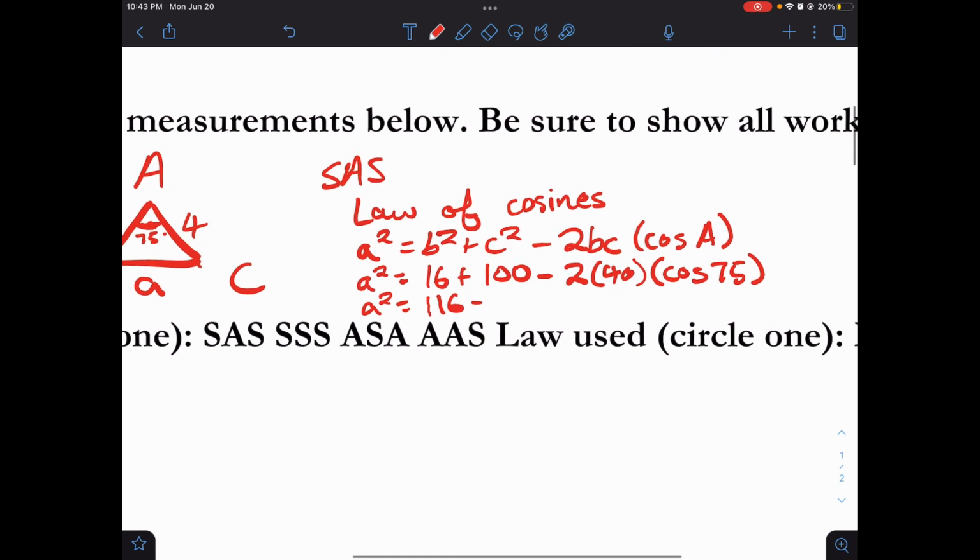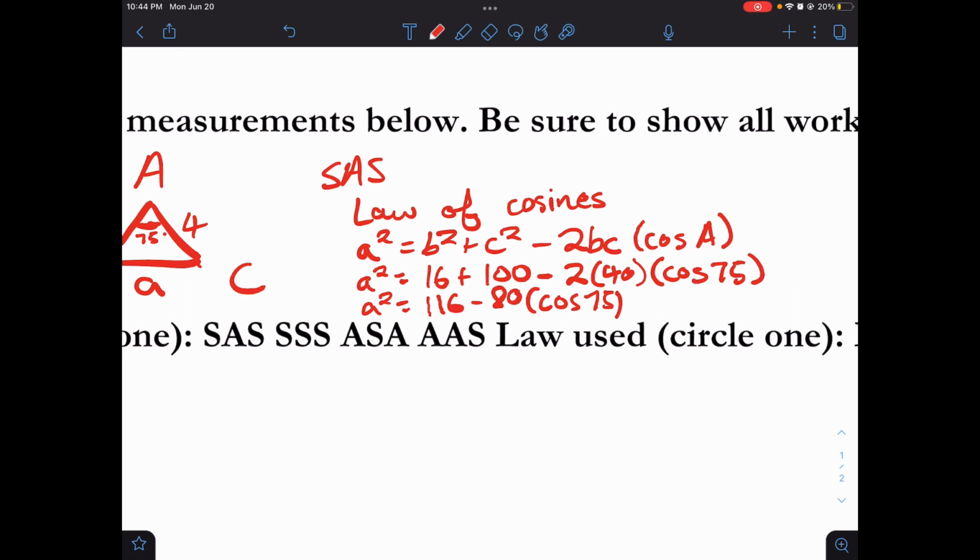So we get a squared is equal to 116 minus 80 times the cosine of 75. What does that get us?